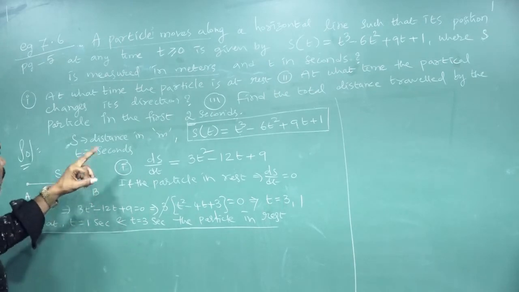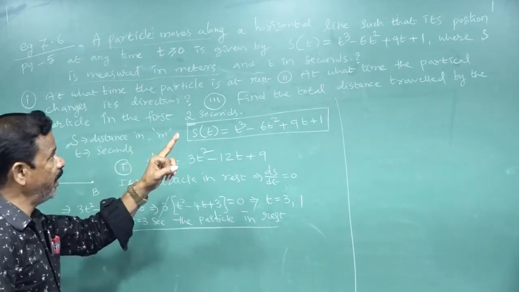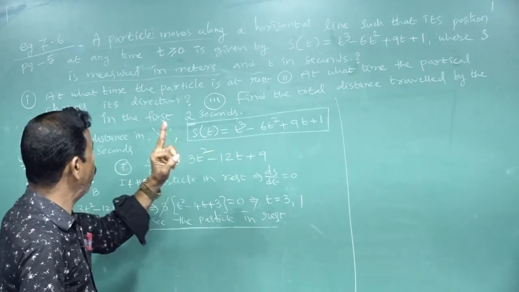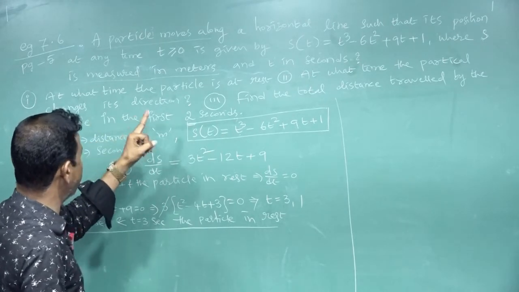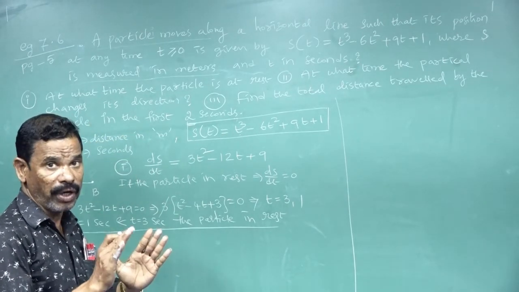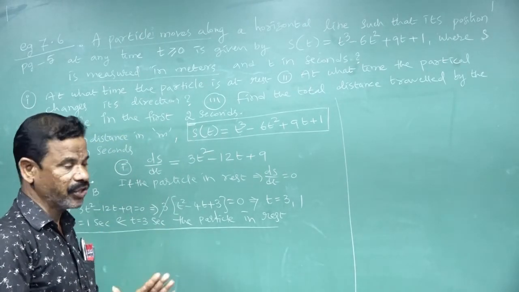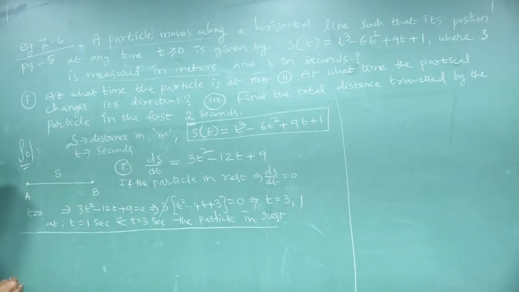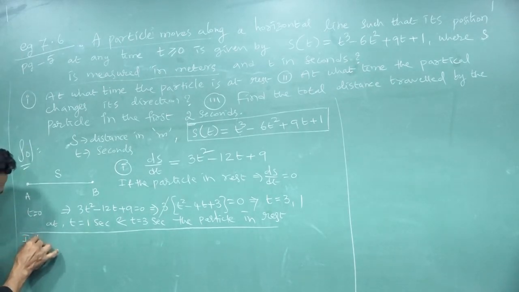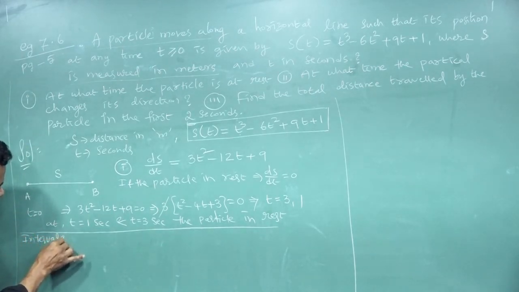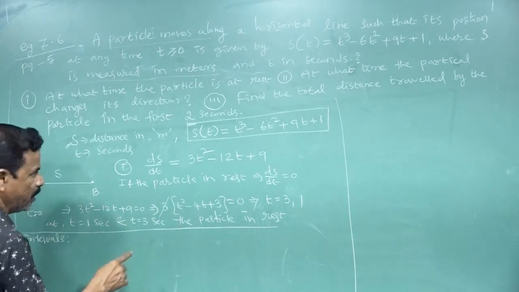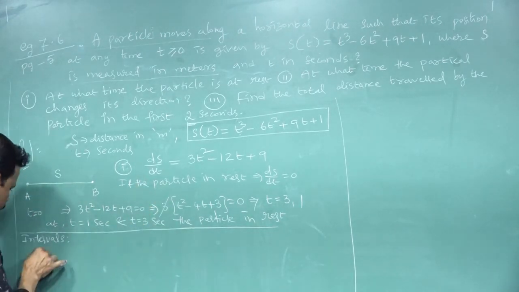Next, second question. What is it asking? At what time does the particle change its direction? That means here, intervals. So here T is equal to 1 and 3.